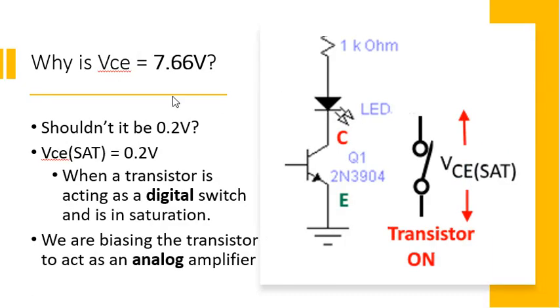So the question is, why is VCE equal to 7.66 volts? Shouldn't it be 0.2 volts? We had talked before about using a transistor as a digital switch, and it was either on or off. So when it was in saturation, it would be what we call turned on very hard, and VCE sat would be equal to 0.2 volts. We were biasing the transistor to act as an analog amplifier.